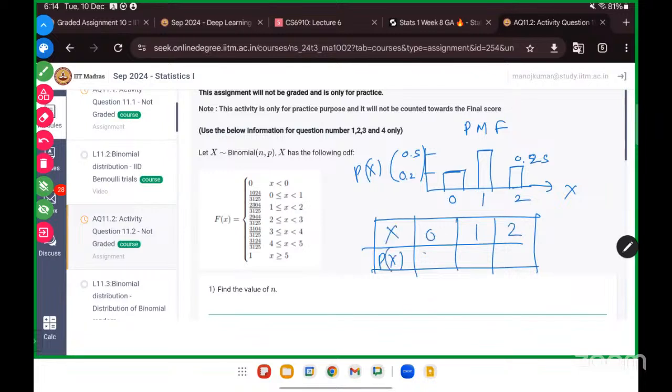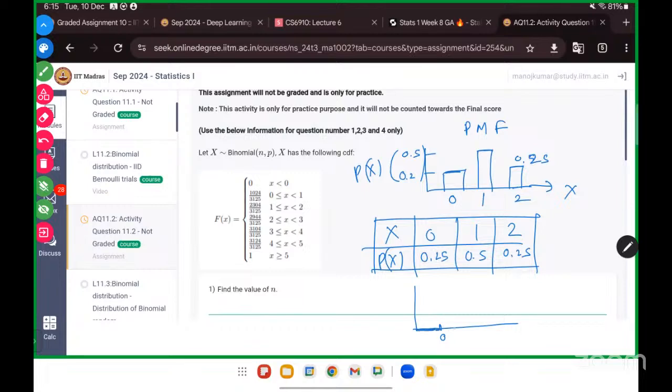So at 0 it is 0.25, at 1 it's 0.5, and then 0.25. This is the PMF. To get the CDF, you sum it up. Now you draw again: less than 0 we didn't have anything, so it's 0.